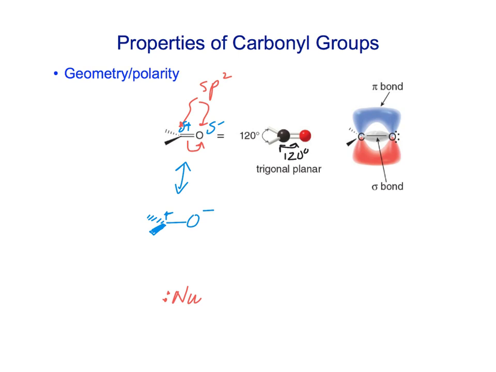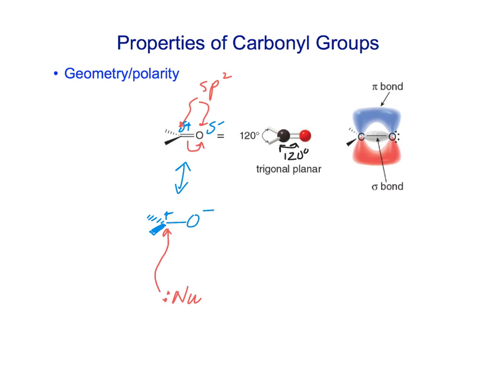Which end of the carbonyl group would that nucleophile be drawn to? The carbon, right? Because a nucleophile has a buildup of electron density, right? Often has a minus charge. And so something with a minus is going to be drawn to something that has a plus. Okay, so we have a nucleophile, it's going to be drawn to the carbonyl carbon. What if we had an electrophile?